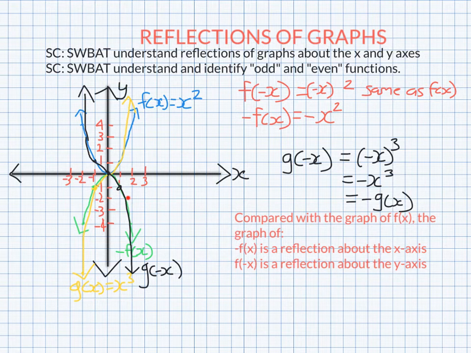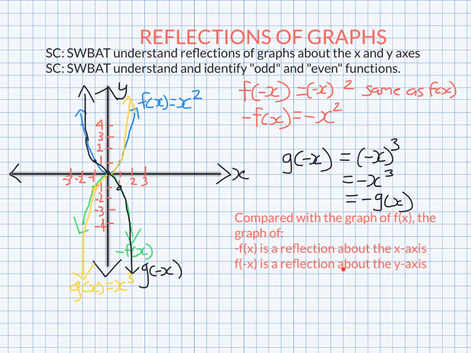This black graph is actually a reflection of the yellow about the x-axis and also about the y-axis. We could have reflected this yellow graph about the x-axis. This point goes to here, this point goes down here, this point goes down here, and so on. So the black graph is a reflection of the yellow graph about the x-axis as well. So minus f of x is a reflection about the x-axis.